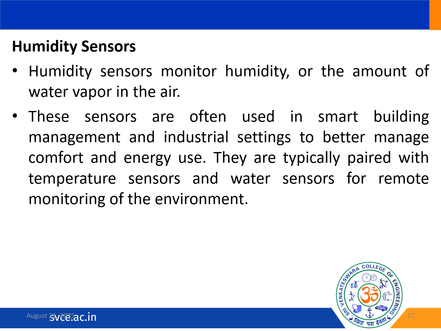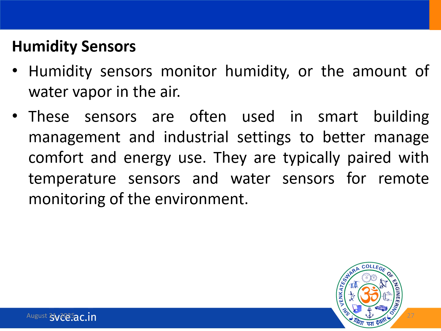It is widely used in smart building systems, and it can be used in industrial environments. These types of sensors help regulate comfort levels, and they can improve energy efficiency. These sensors are often integrated with temperature and water sensors to enable comprehensive remote environmental monitoring.